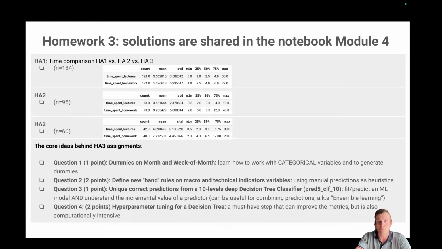Next question was about unique correct predictions from a 10-levels-deep decision tree classifier. The idea here is that you may create many hand predictions or many ML model predictions with different hyperparameter settings, and these predictions can be used not only as predictions but also as new features.